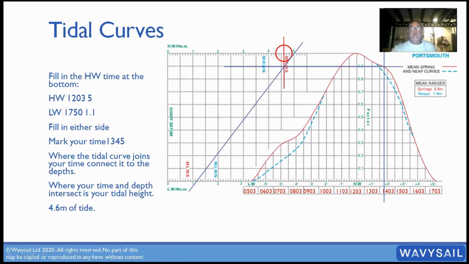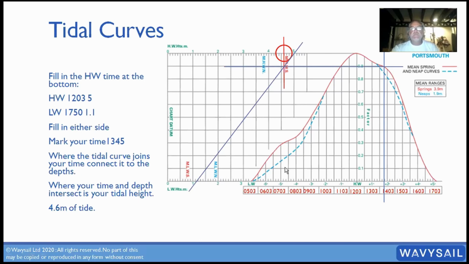So if we look at our height of tide at 12:03, it goes all the way up till it hits the curve, comes across from the curve until it hits the high water. Conversely, the same thing at low water, come up to the curve, bang, come across, there's your low water.